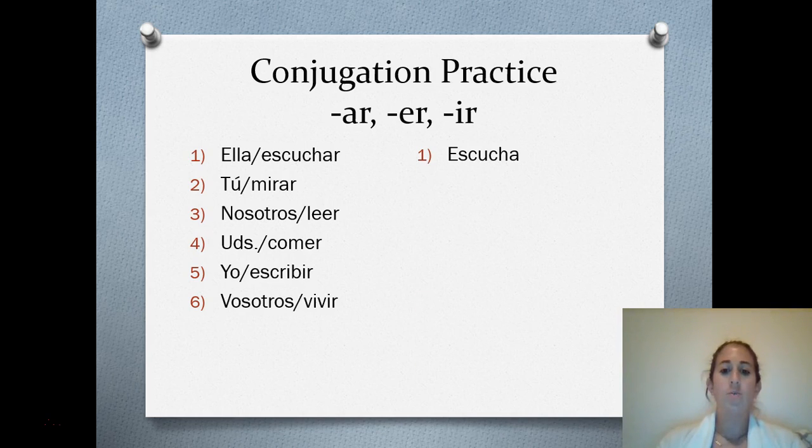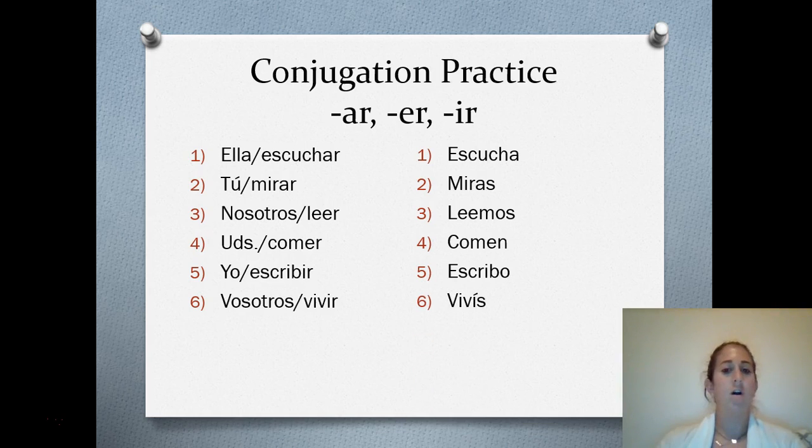So, ella escucha, tú miras, nosotros leemos, ustedes comen, yo escribo, and vosotros vivís. Those are all conjugation practices in the present tense. Make sure that you write down any questions that you may have.